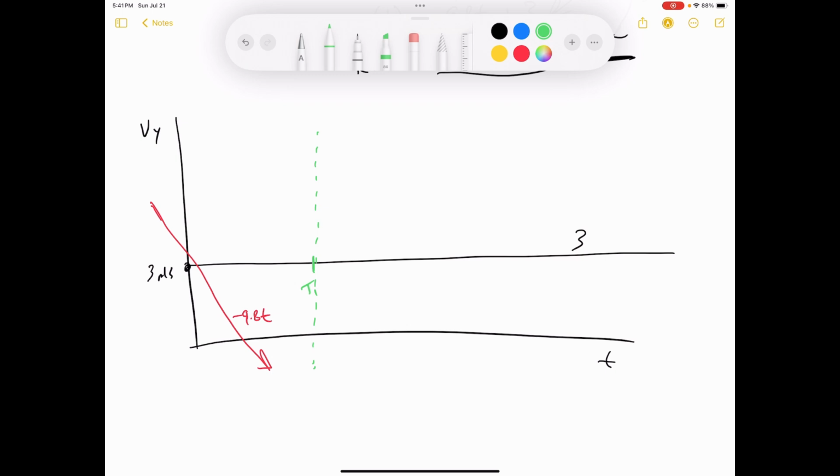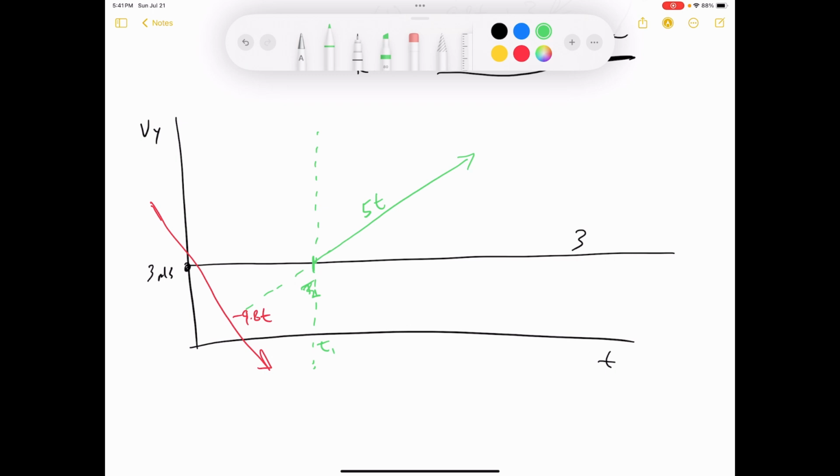So right here, I have some function, and let's call this, I don't know, positive 5t. At time t1, capital T1, some engine on the baseball kicked in.